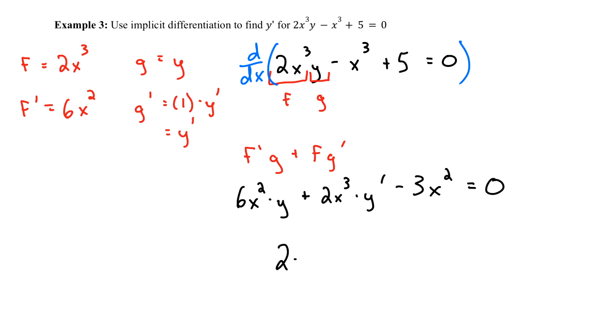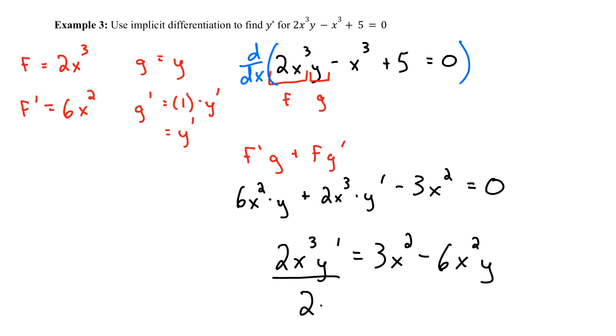So here I'll have 2x cubed times y prime is equal to 3x squared minus 6x squared y. So there's my first step. My second step then, since I only have this one term on the left-hand side of my equation, I don't need to do any factoring. I should just be able to go ahead and divide by 2x cubed.